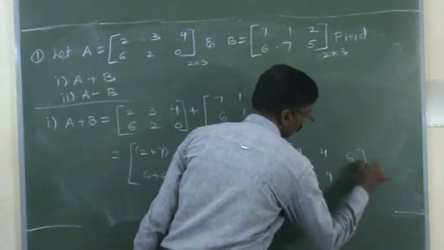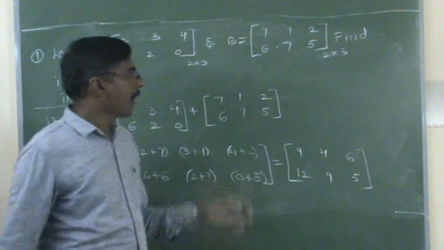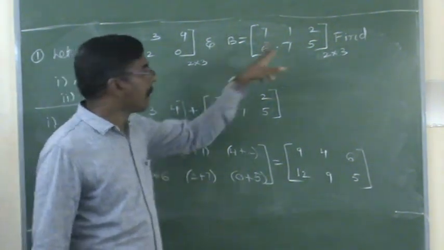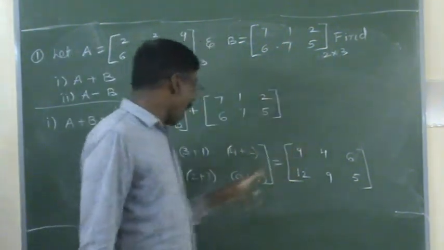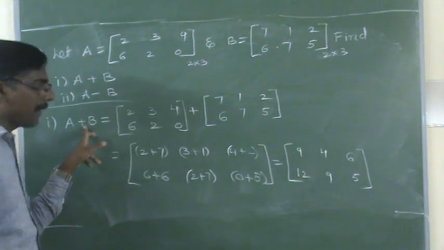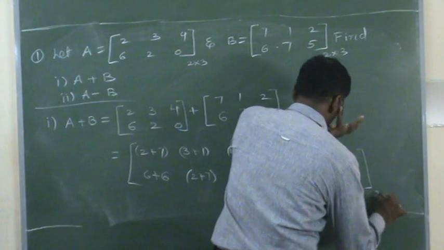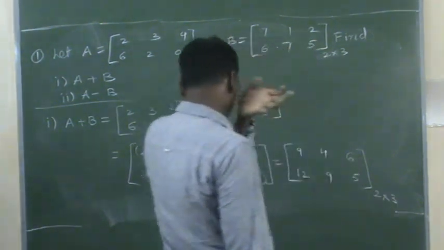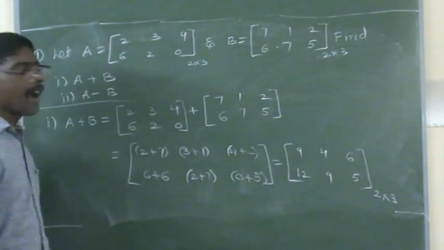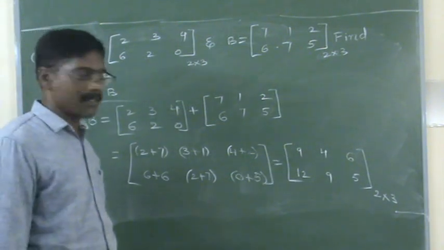This is the addition of the two matrices. See here, matrix A order is 2 by 3, matrix B order is 2 by 3. After adding A plus B, the resultant order is also 2 by 3. This is the concept of addition of the two matrices.